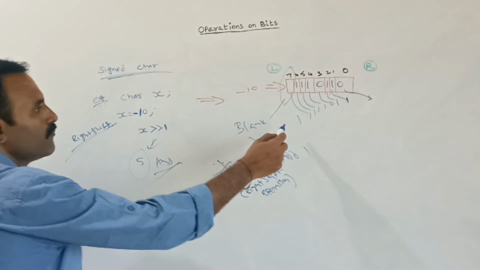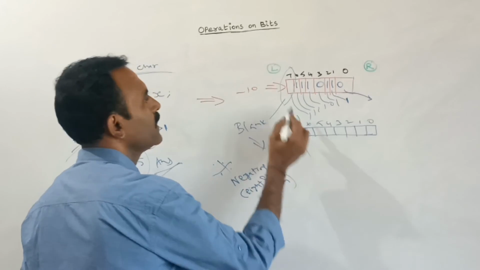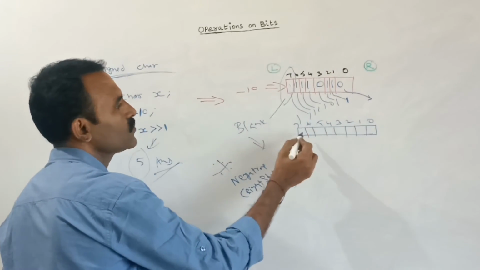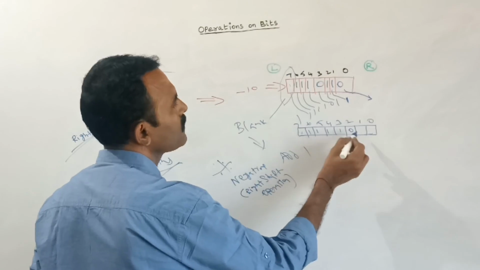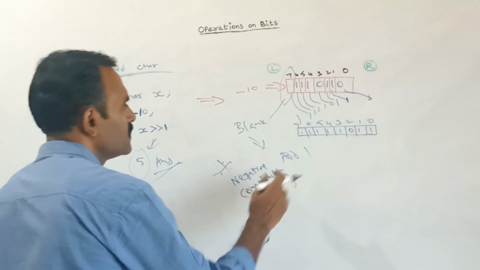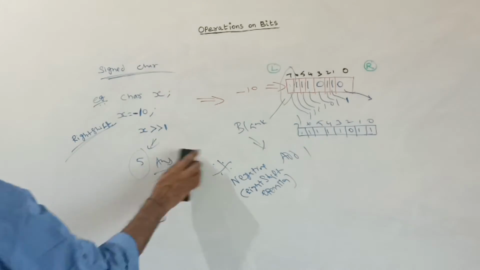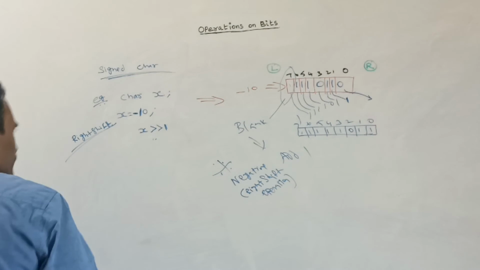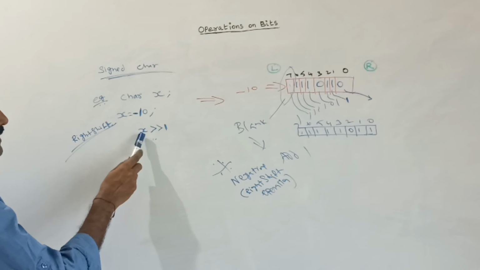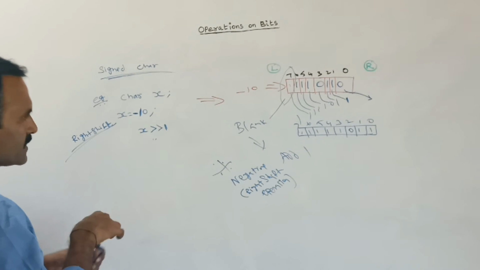So this is the binary value, this is the result. Here I add 1 to this blank space. If you are right shifting this minus 10, x value minus 10, with 1, this is the result.